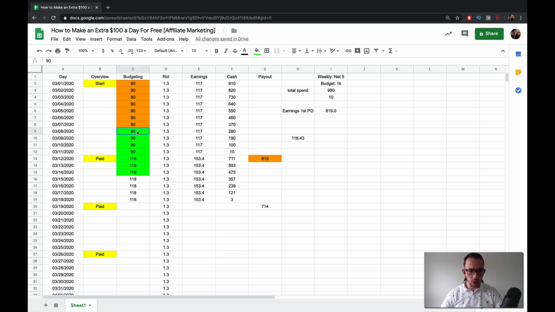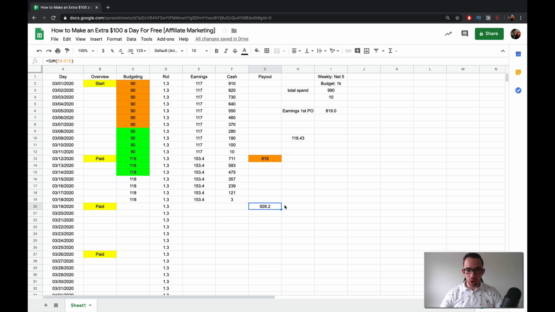That's not correct. Oh, that's actually the spend. Okay. It's actually here, of course, the earnings. 1, 2, 3, 4, 5, 6, 7. And that must be higher than 819, and it is.